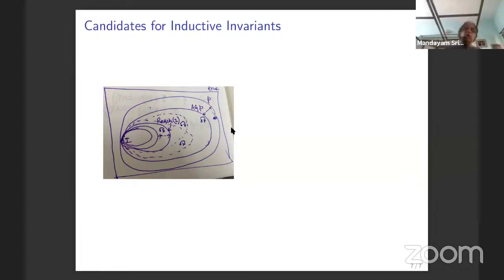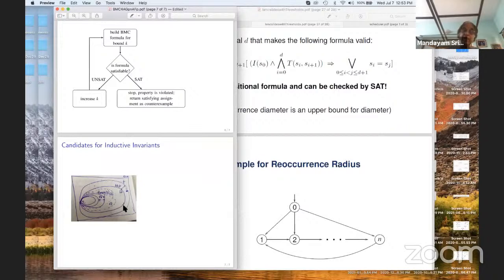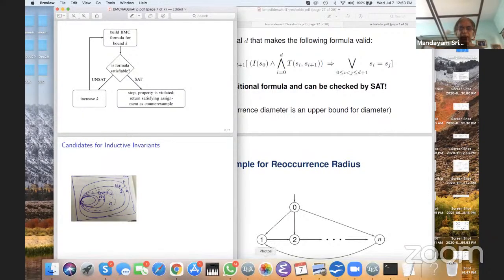The moment I put together K induction, you will get to know that, okay? So you will have to find, the trick is you will have to somehow do the inductiveness check along with the enumeration of counterexamples, if there is a check. Let me get to the K induction thing.